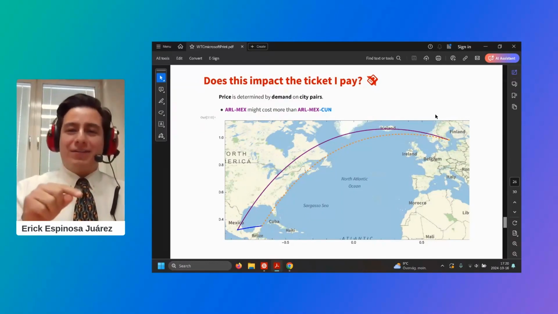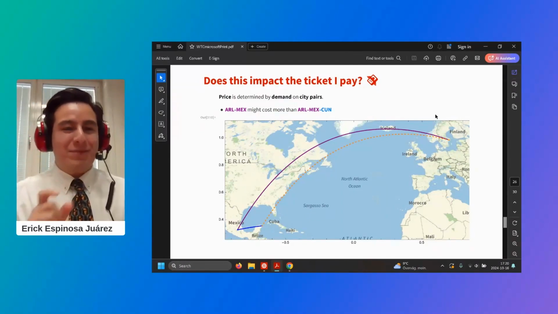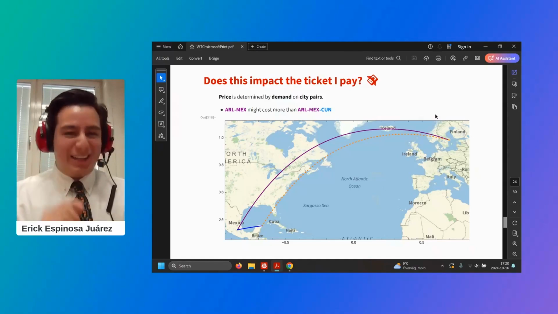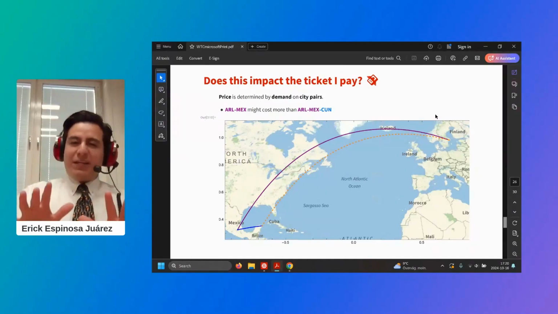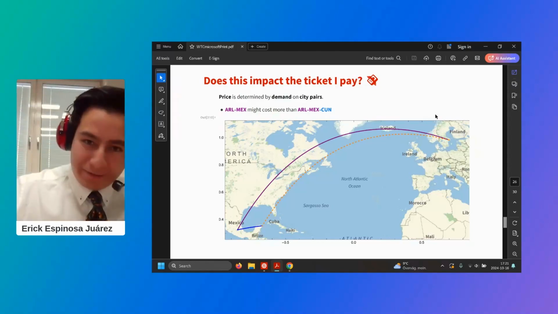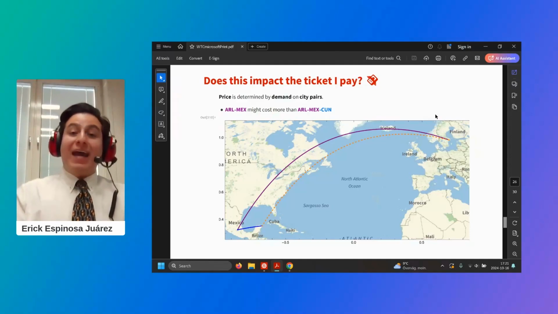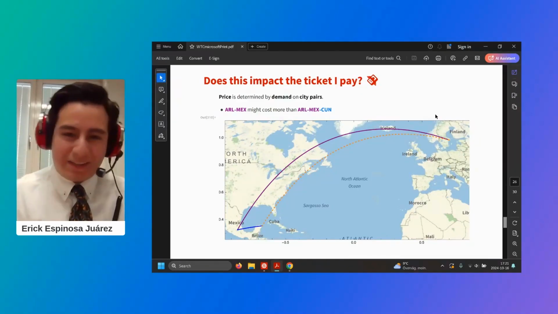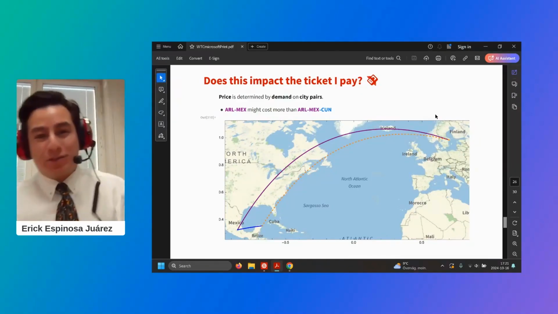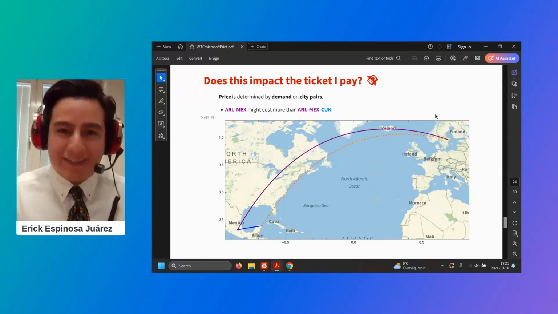The price of your ticket is determined by the demand on the city pairs, not only by the cost. What does this mean? That if you fly from Stockholm to Mexico City, which is the purple line here in the map, that might be more expensive than flying from Stockholm to Cancun, doing a layover through Mexico City.